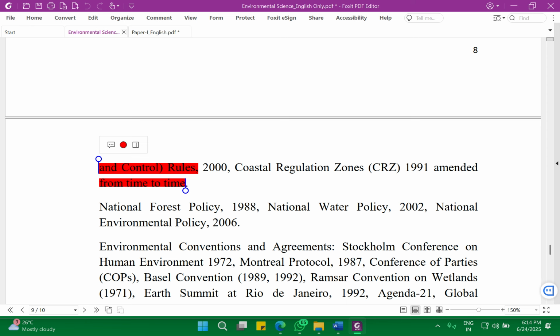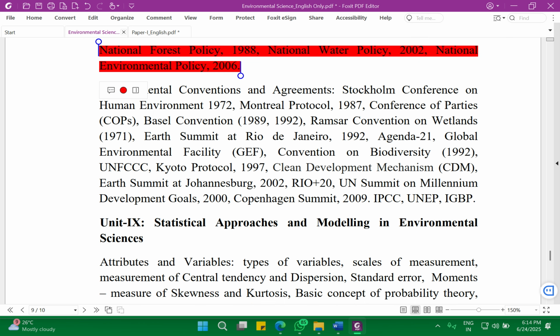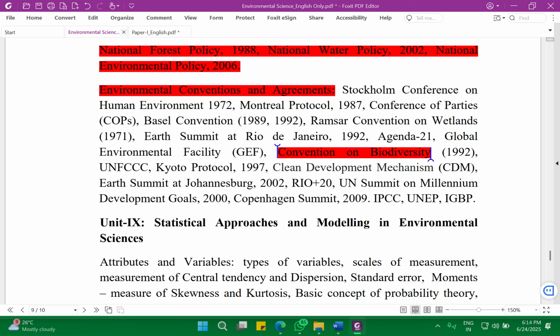Recently we are having some questions related to the coastal regulation zones, Category 1, Category 2, those kinds of zonation you need to know. Then again the policy years. Then from the conventions and agreements: the Stockholm Conference, Montreal, Ramsar, then the CBD, Convention on Biological Diversity, Kyoto, UNFCCC, CDM, IPCC, Sustainable Development Goals, Millennium Development Goals, Earth Summit, Rio Summit.